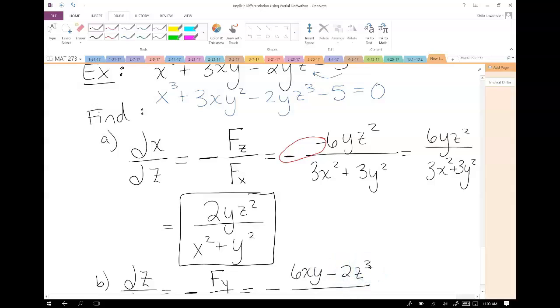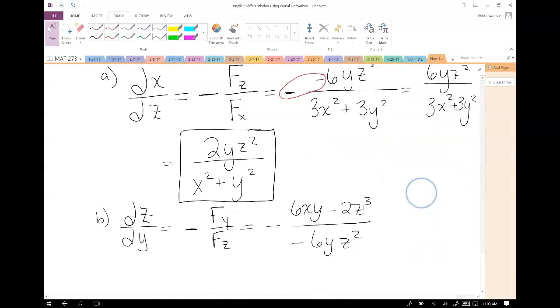Last term's a constant, so its derivative is 0. And again, if we want to, we can combine those negatives and make this 6xy minus 2z cubed all over 6yz squared.